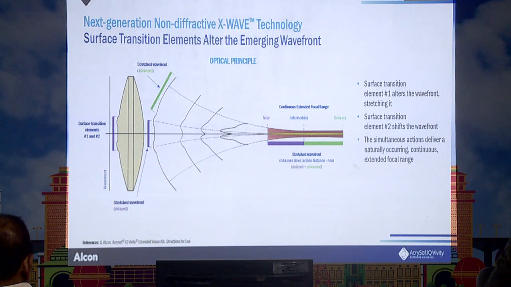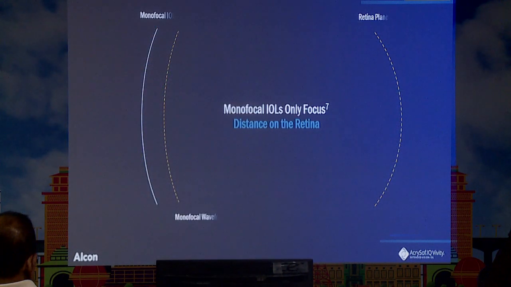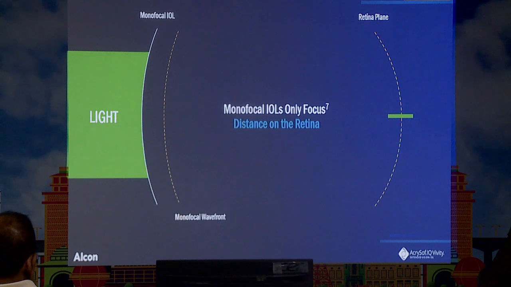So in this next-generation lens, the central one stretches the wavefront and gives vision more for near, and the other one, this zone of plateau, stretches the wavefront, and because of that a continuous range of vision is possible from distance to near, but of course it doesn't offer as much near vision as multifocal lenses like PanOptix. The monofocal lens only focuses distance on the retina.